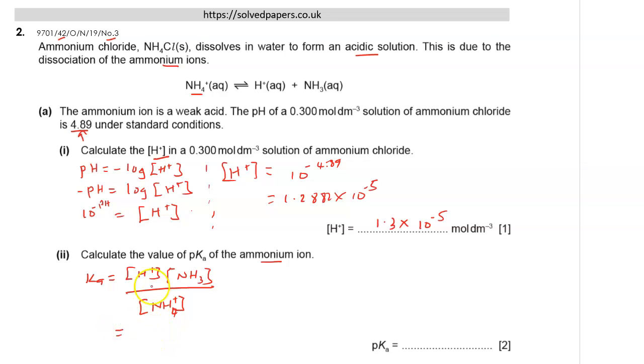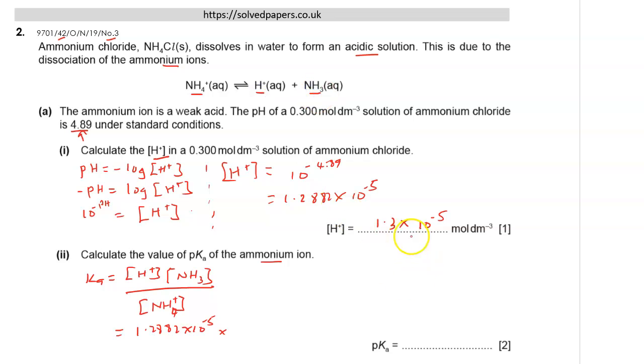The Ka will be the concentration of hydrogen ions, which is this one here. You may use 1.2882 times 10 raised to minus 5, times the concentration of ammonia. As we are told to calculate that in a solution of ammonium chloride, the concentration of ammonia will be the same as the concentration of hydrogen ions.